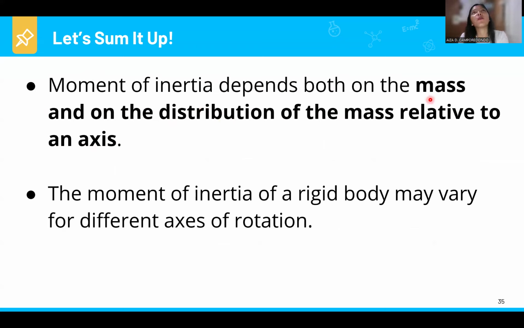Now, what is the moment of inertia formula again? That would be the moment of inertia is equal to the mass multiplied by radius squared. Next, the moment of inertia of a rigid body may vary for different axes of rotation.